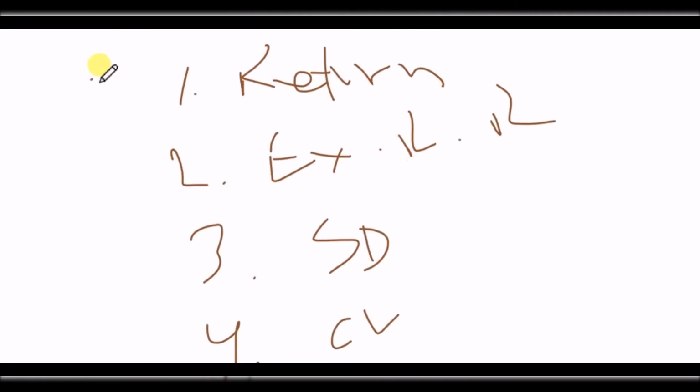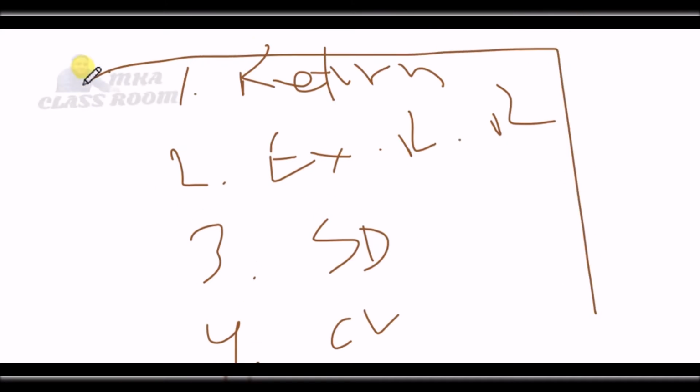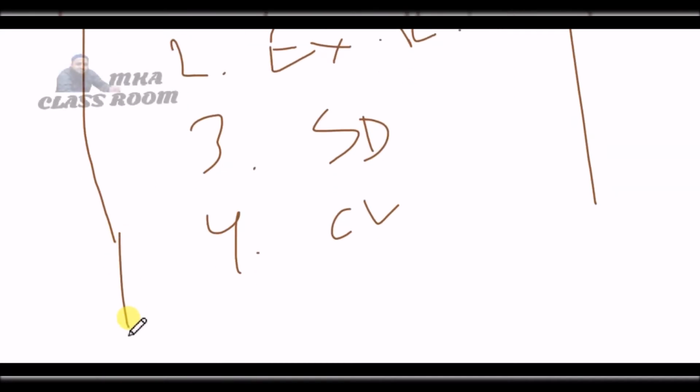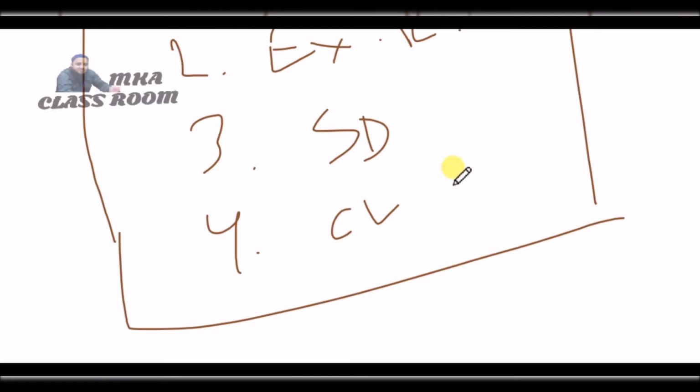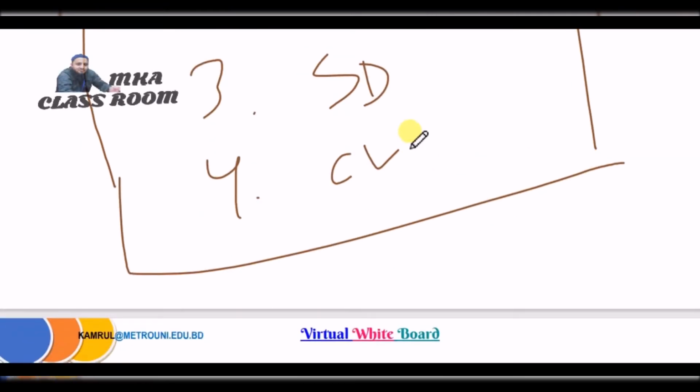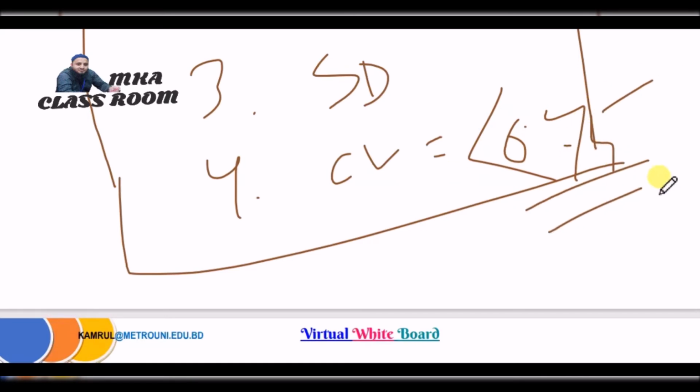You have to complete these 4 stages. And if the calculated CV is less than 0.75, then she will invest in this project.